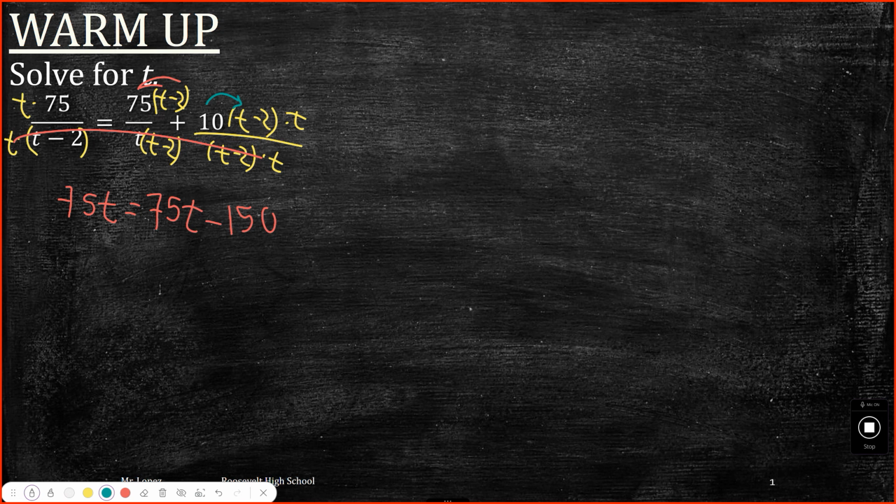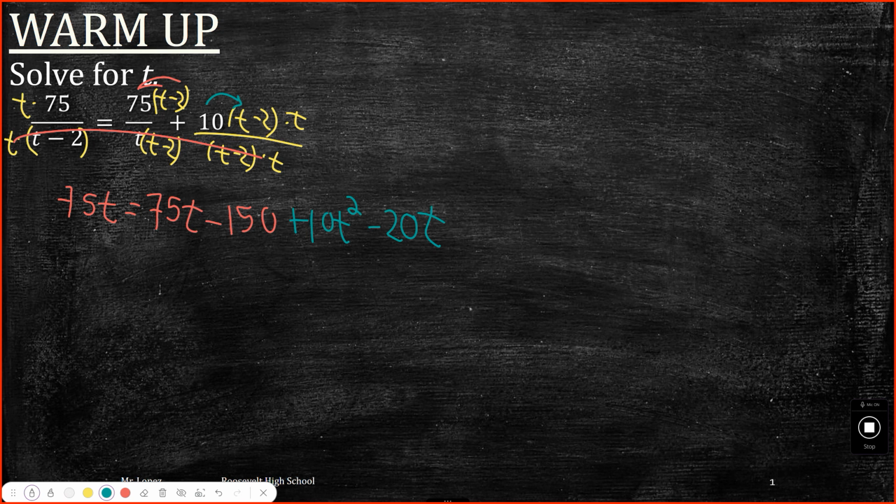What is that? 10 is with t, no? So I'm thinking it's 10t, so 10t times t is what? 10t squared. And then we got what? 10t times negative 2? Negative 20t.